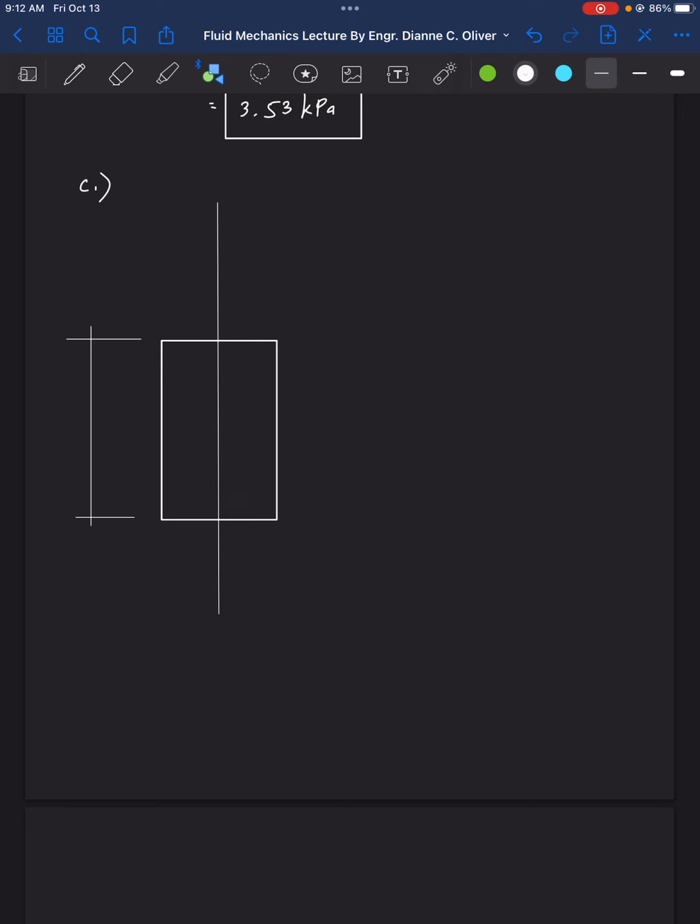So what is R2? There's going to be a second radius, in the part of the uncovered portion of the tank. So that is the height.